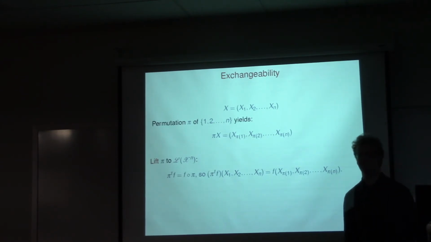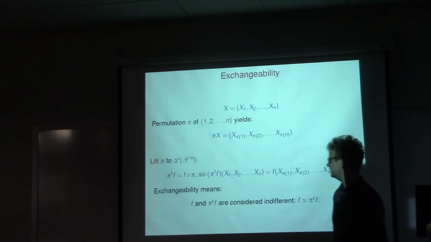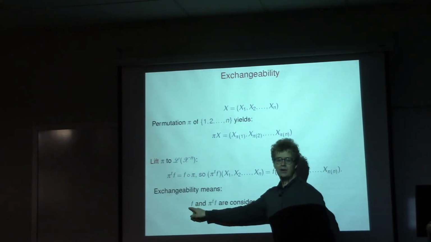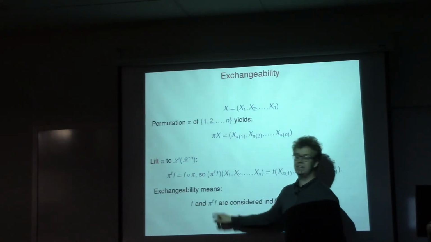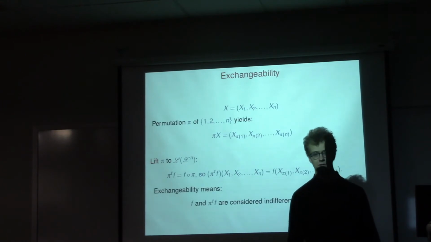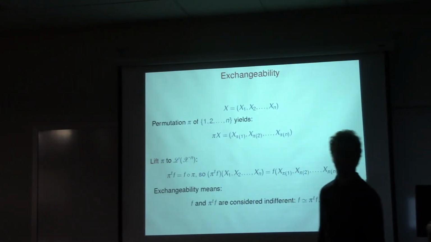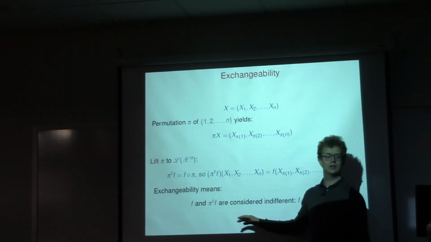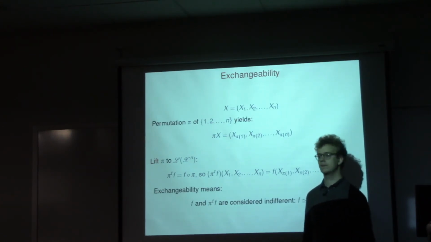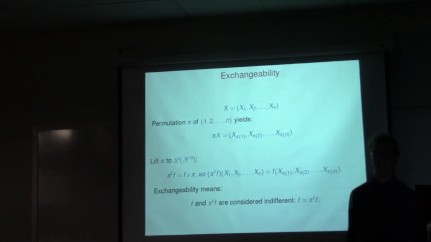And now what does it mean to be exchangeable? Formally it means that any gamble f and any of its permuted versions are considered to be indifferent. So they are equivalent or indistinguishable from each other in a sense. And for this I needed the indifference from the last slide.